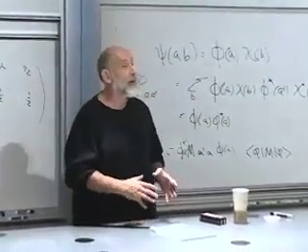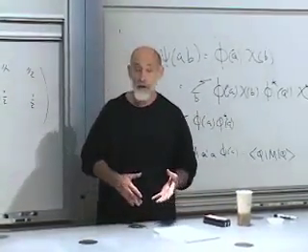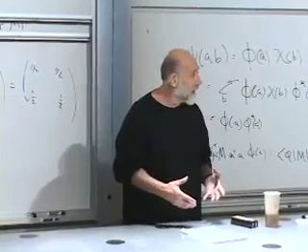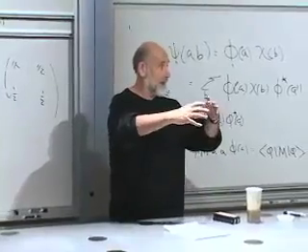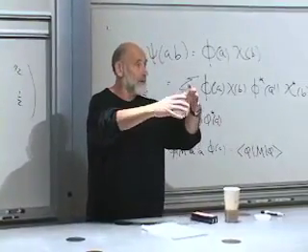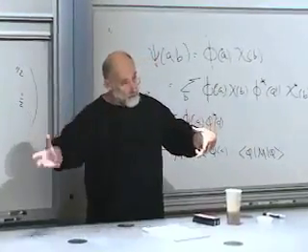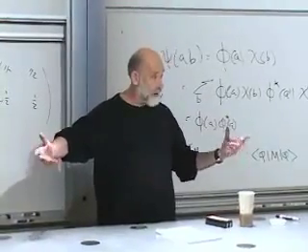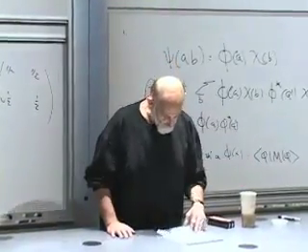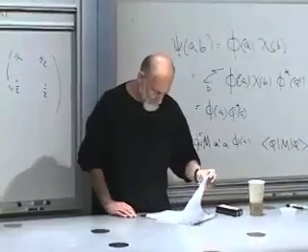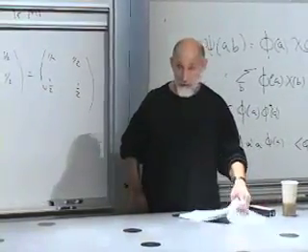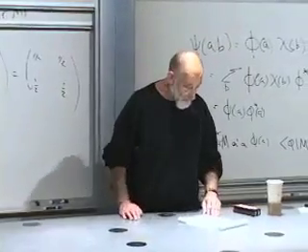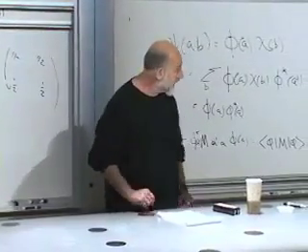The typical situation will be that the combined system is a pure state, 0 entropy, and the two subsystems each will have some positive entropy. So we have to distinguish between the entropy of the subsystem and the entropy of the composite system. And as I said, it is not additive.